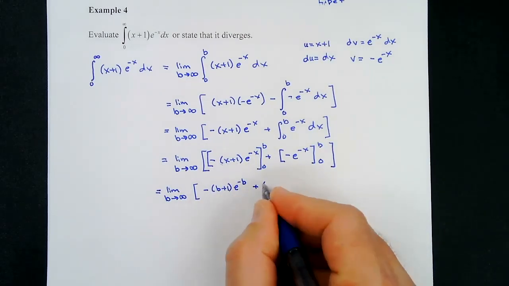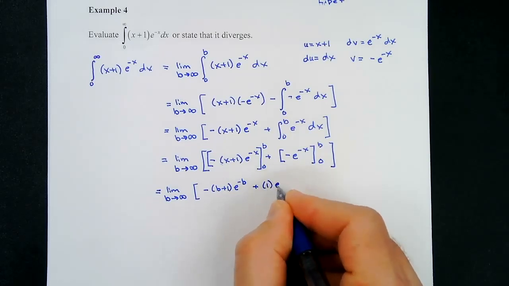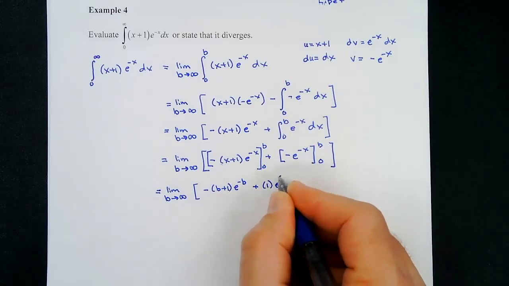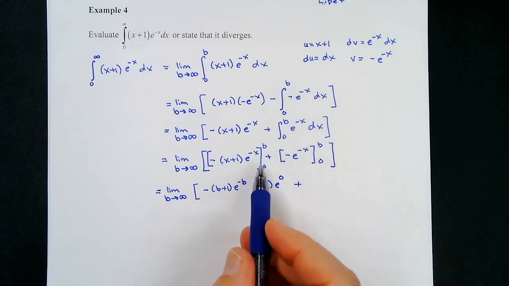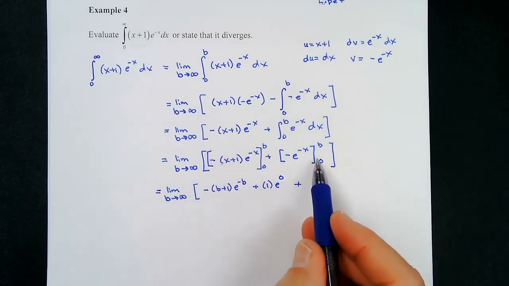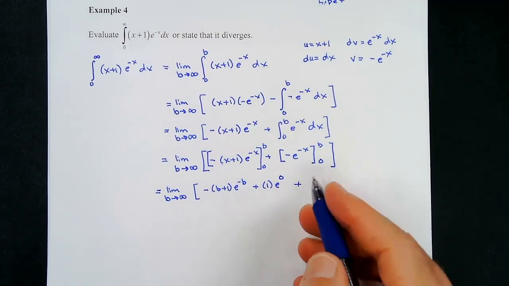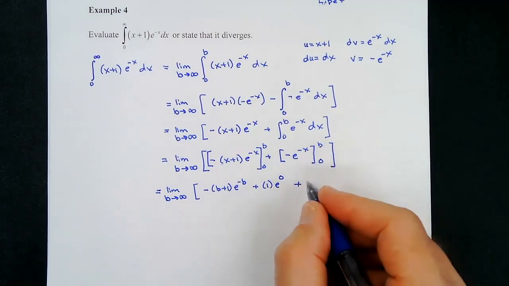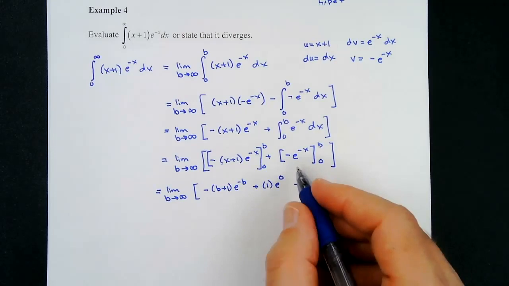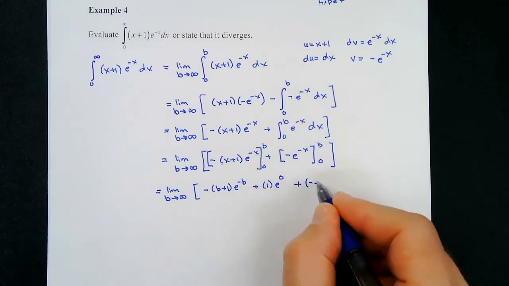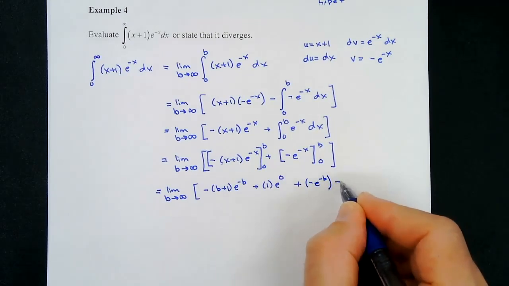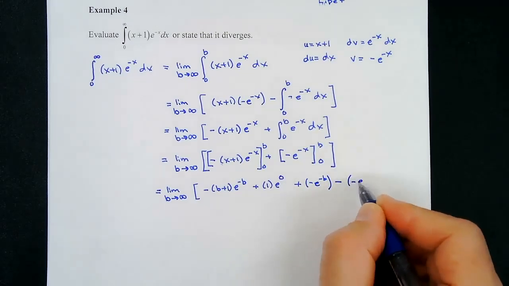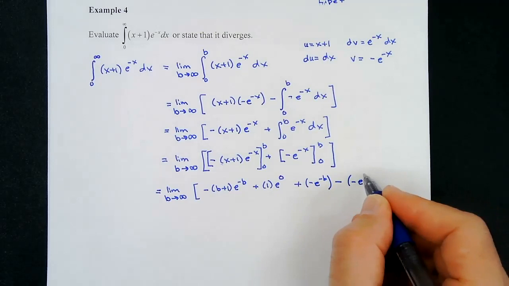And if we put 0 in here, it'd be 1 e to the negative 0, or e to the 0 power. And that's evaluating from 0 to b, this piece of it. This piece of it would be plus, and then we put b in, so that'd be negative e to the negative b. So plus negative e to the negative b, minus negative e to the negative 0, or just 0.